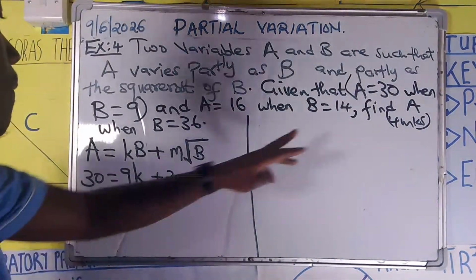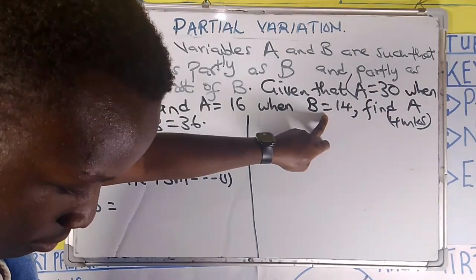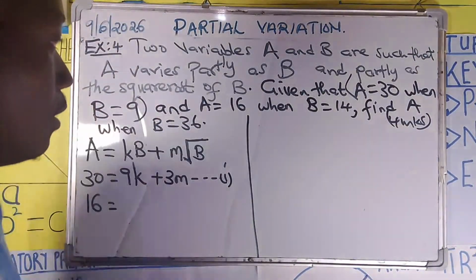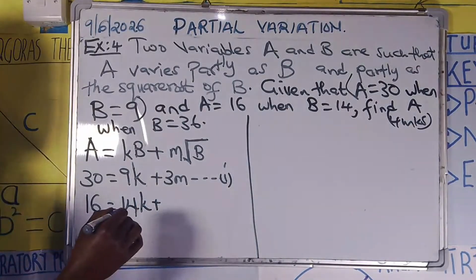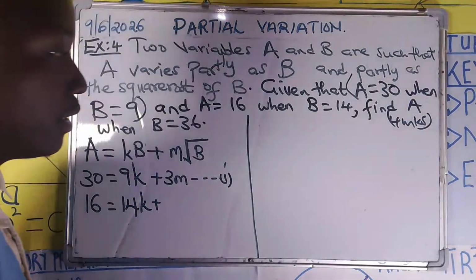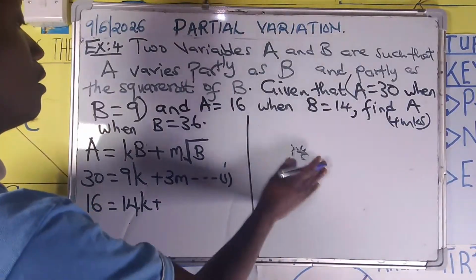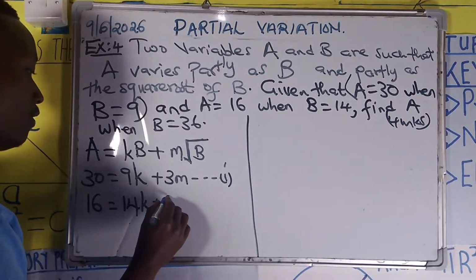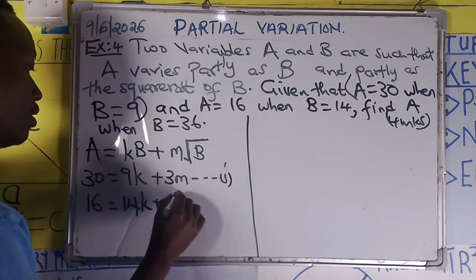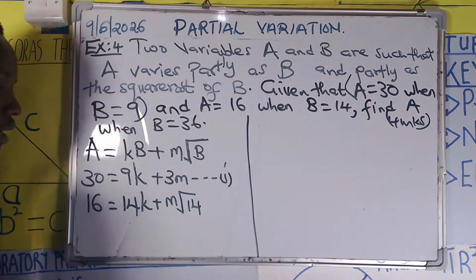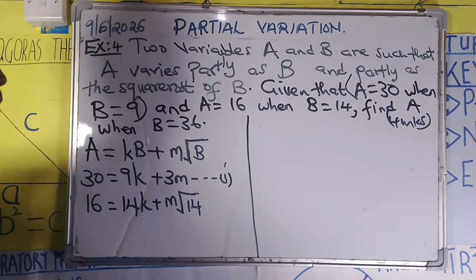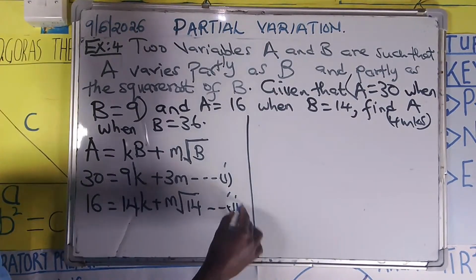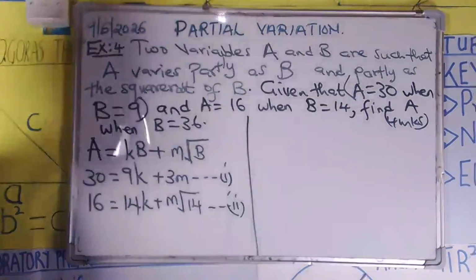So it will be 14k plus m root 14, the square root of 14. That is our second equation.